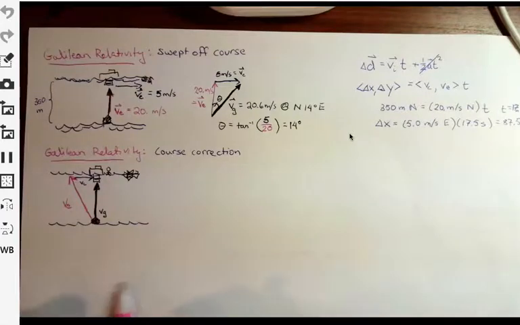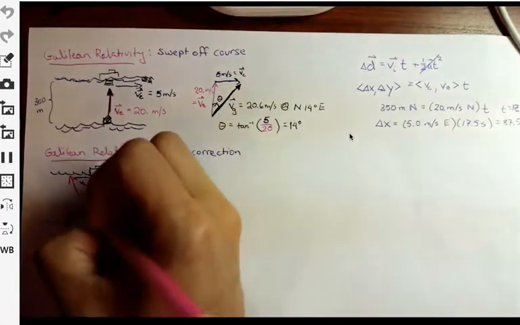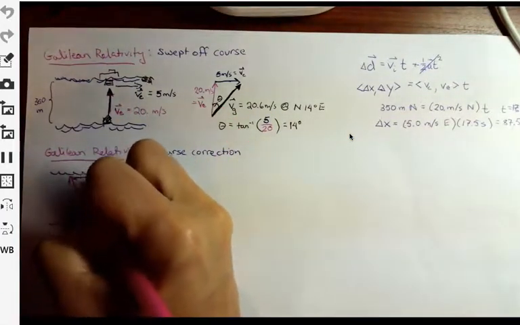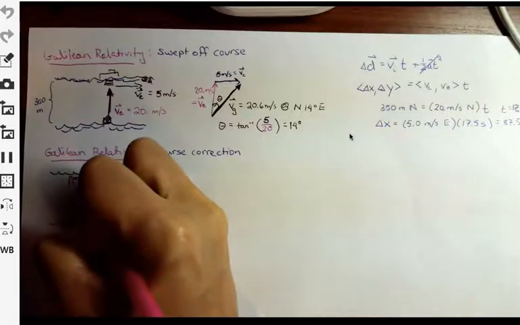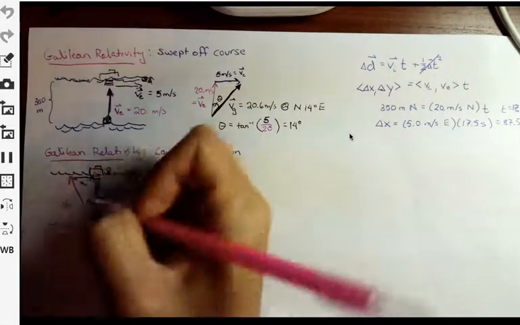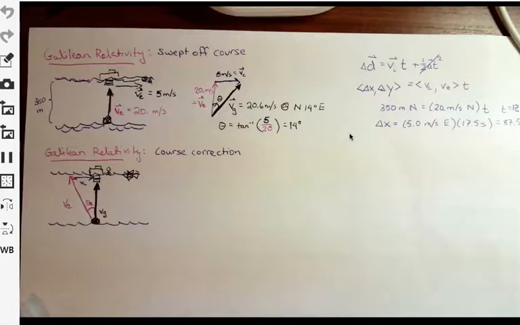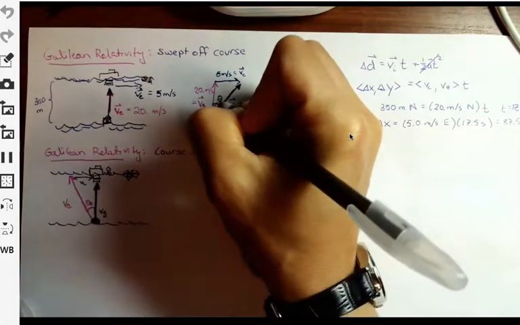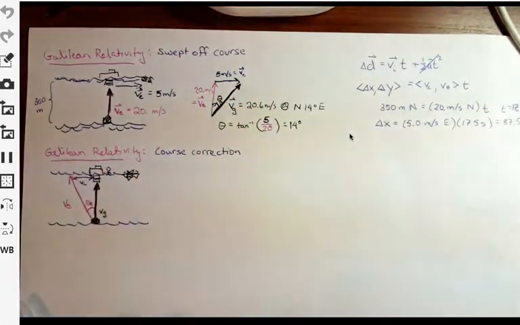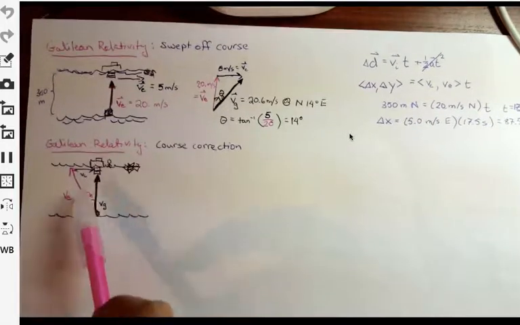This theta is no longer the theta at which you're swept downstream. This theta is the theta that you, as the engineer, point your boat, not what people on the ground observe when they have to come and rescue you and tow your boat back to the boathouse. This is the answer we're looking for.